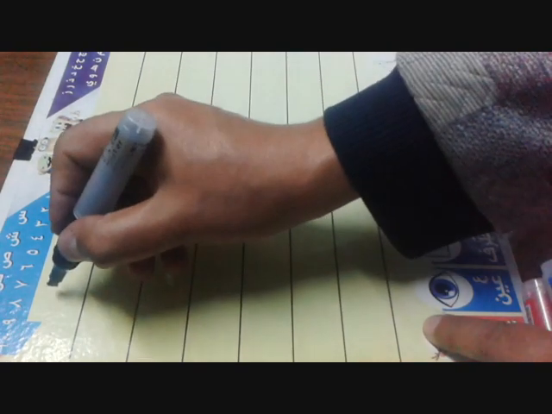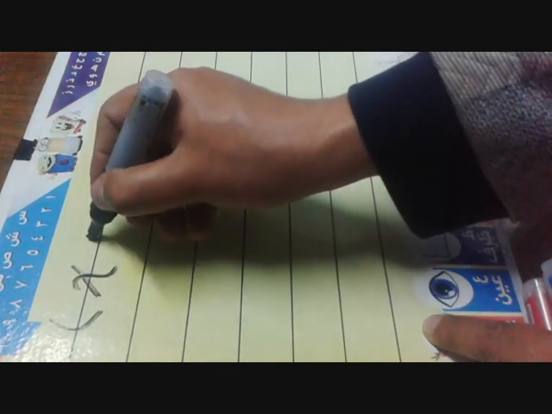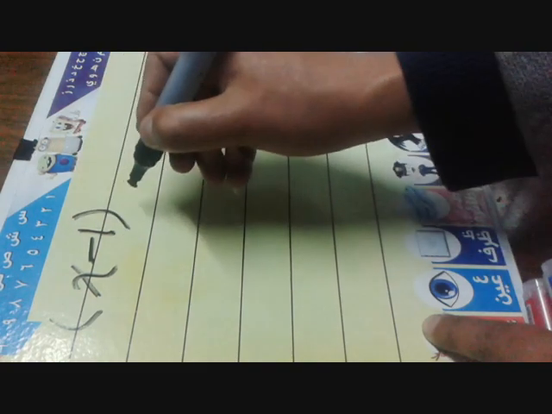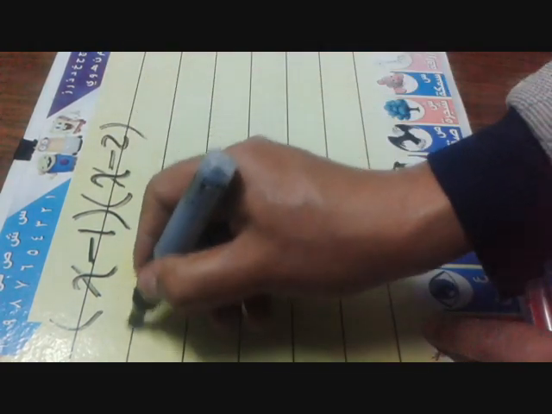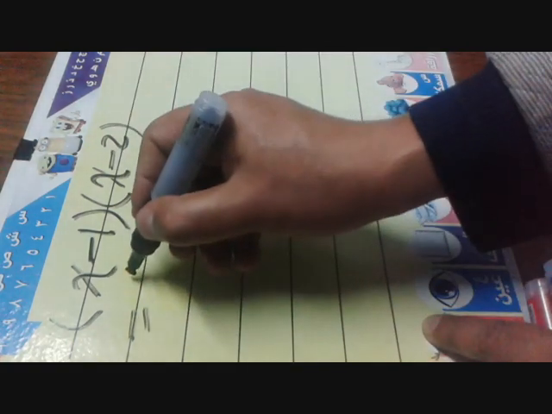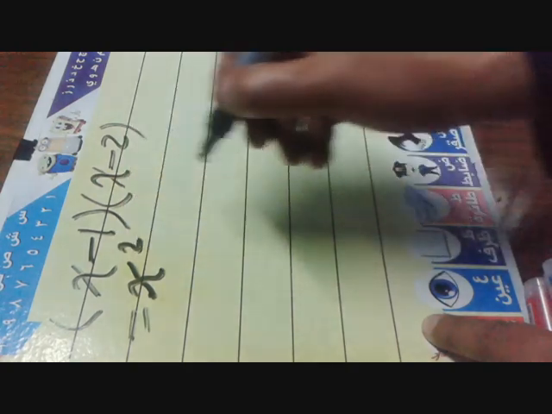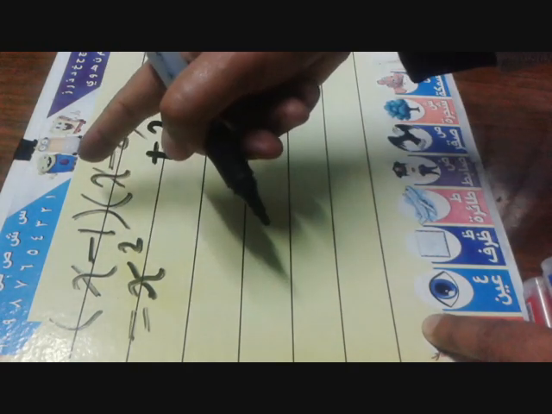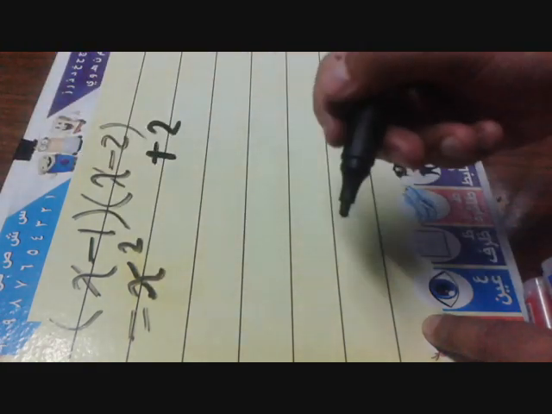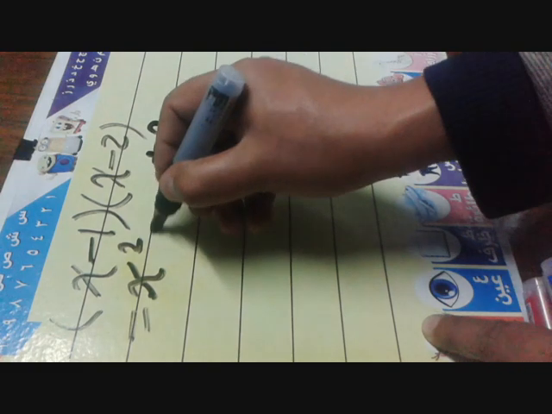Multiply x minus 1 times x minus 2. X times x equals x square. Negative 1 times negative x plus negative 2x equals negative 3x.